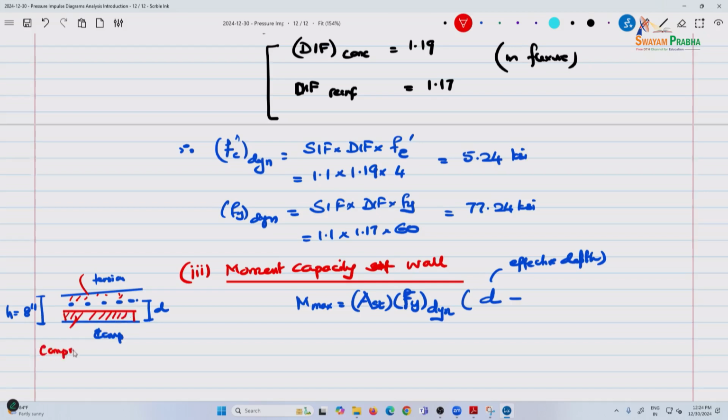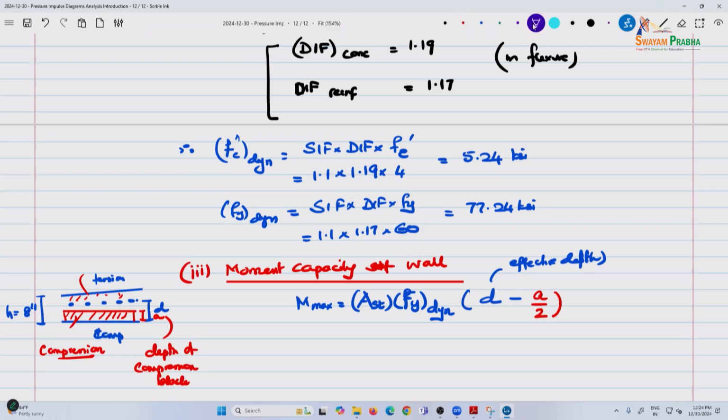Here we use 0.85 C prime. You would be using something different. But anyway, this is D minus A over 2. This is A. Just assume that A is the depth of the compression block. Anything above that red, that concrete literally does not exist.